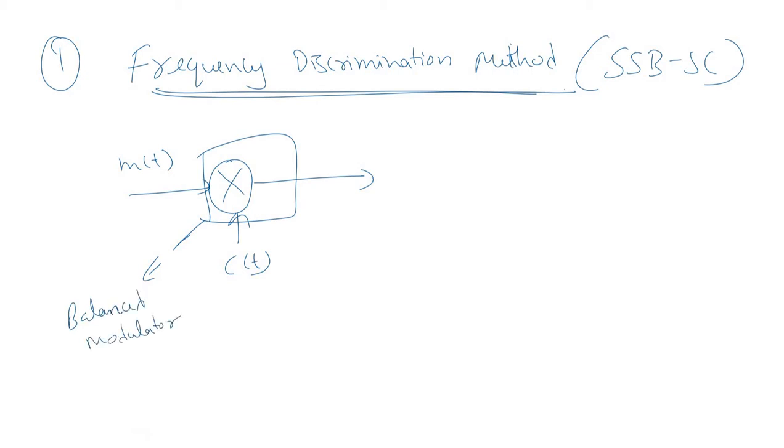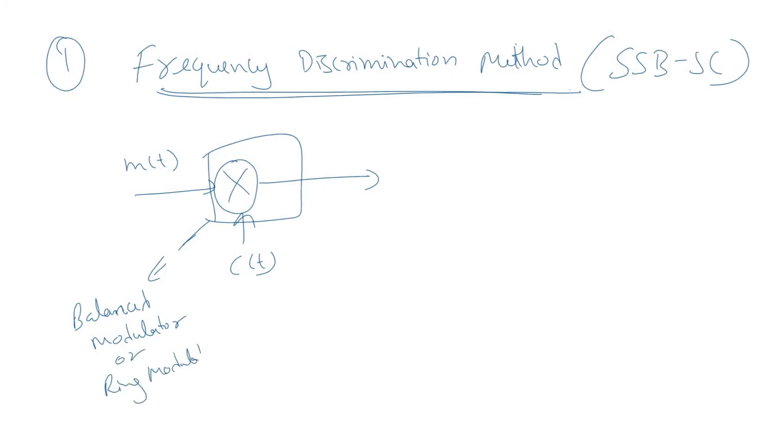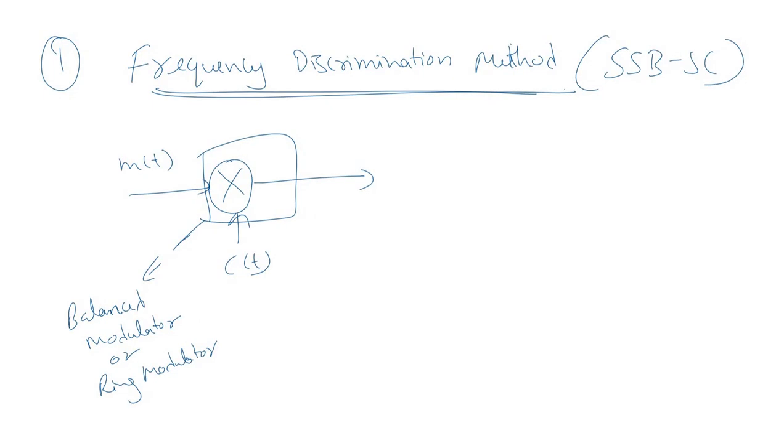As we have already discussed in detail, when we multiply m(t) and c(t) suitably with the help of a balanced modulator or a ring modulator, the resultant is a DSB-SC type of signal. So the output signal y(t) is your DSB-SC signal.